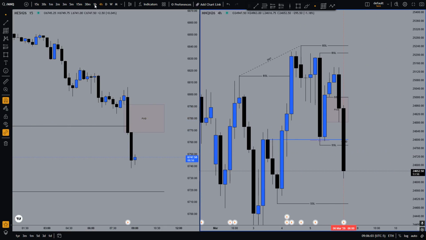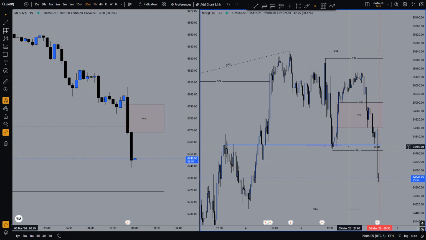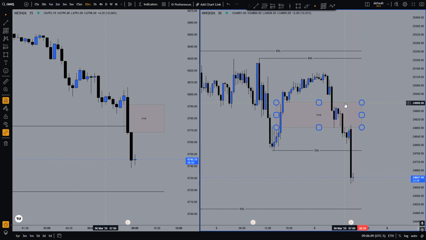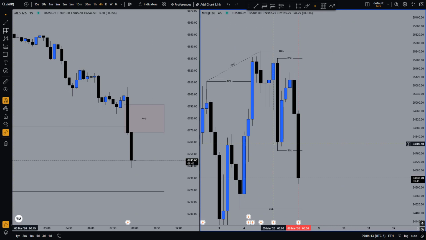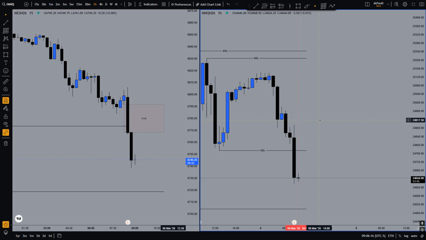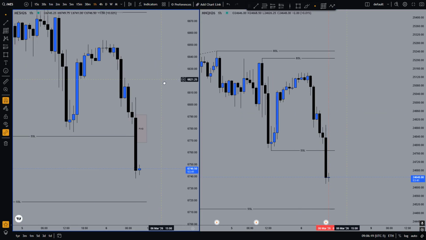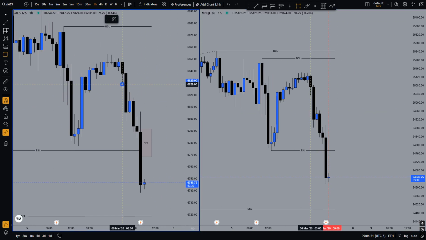Looking over on NQ, same deal. I'm going to erase this, erase this, erase this, and this. So we have this unfilled 1-hour gap up here.